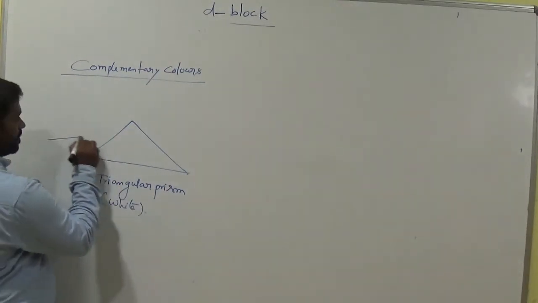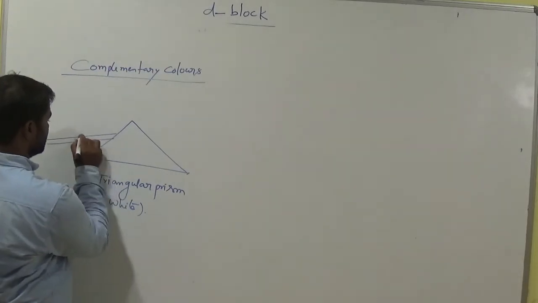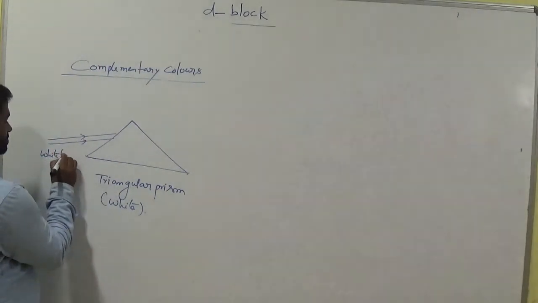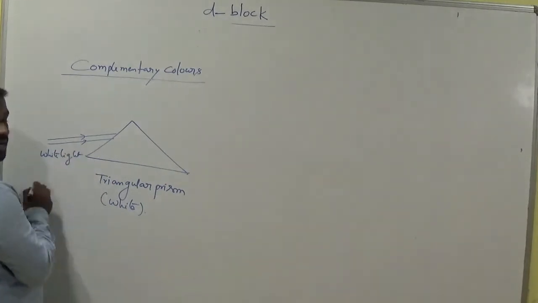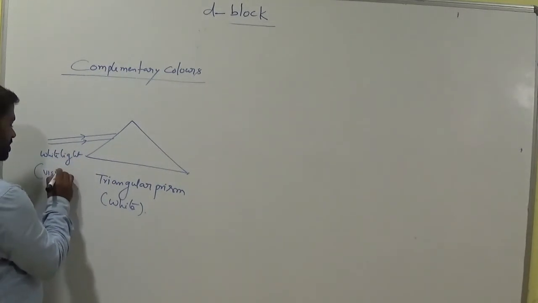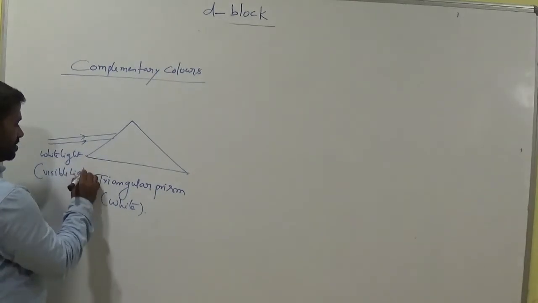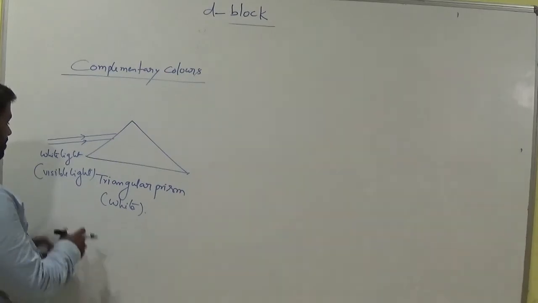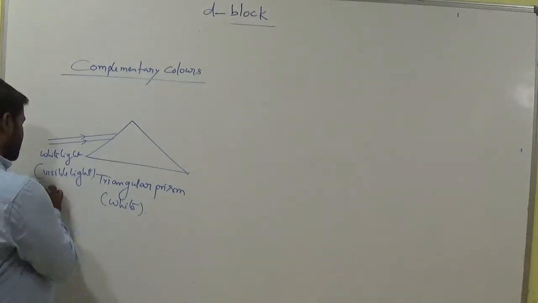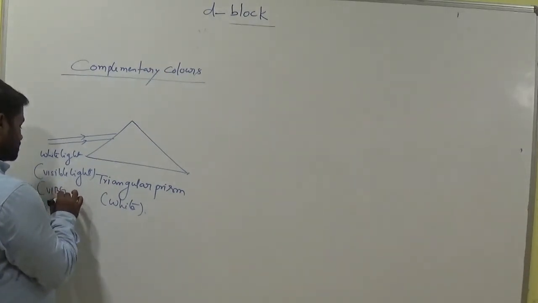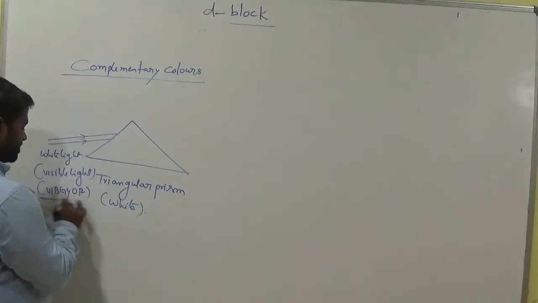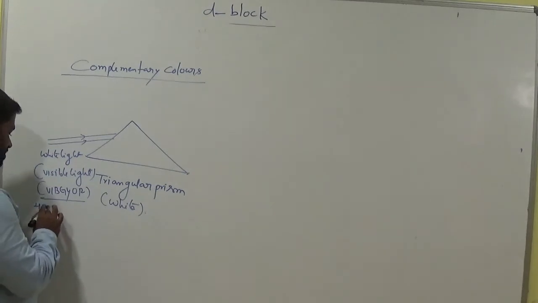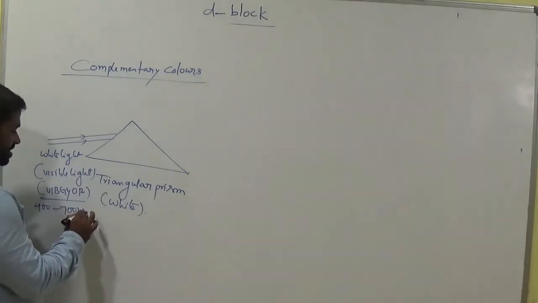Now, this is the source of light, white light or visible light. This visible light consists of 7 colors, VIBGYOR, with different wavelengths between 400 to 700 nanometers.